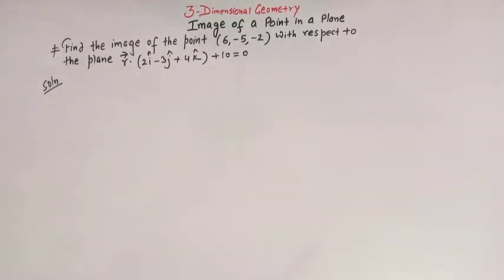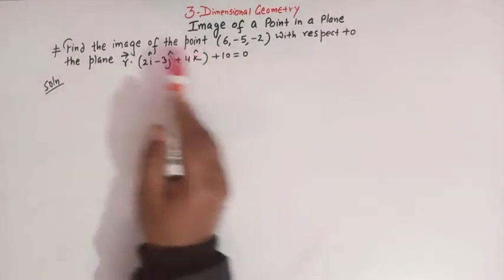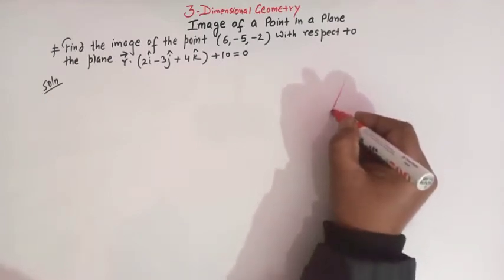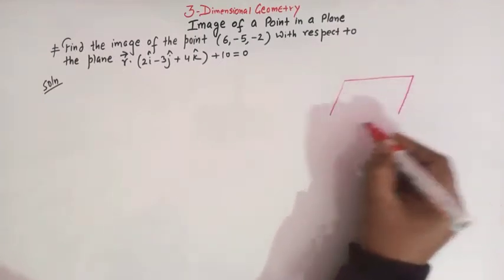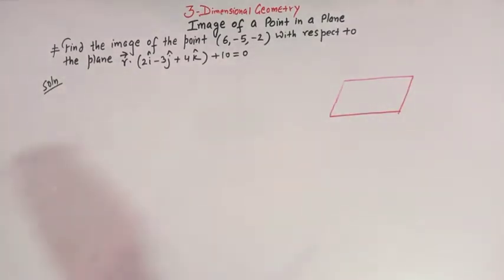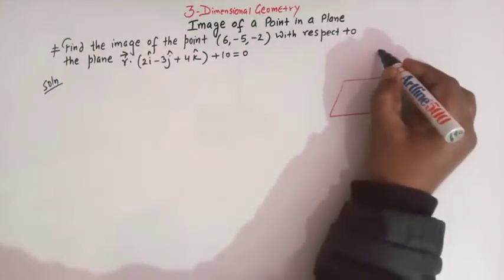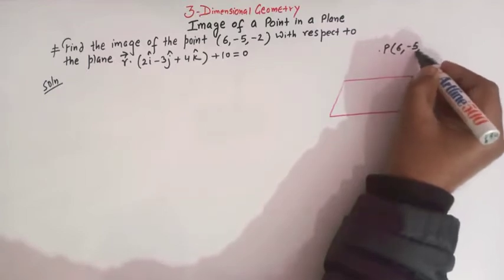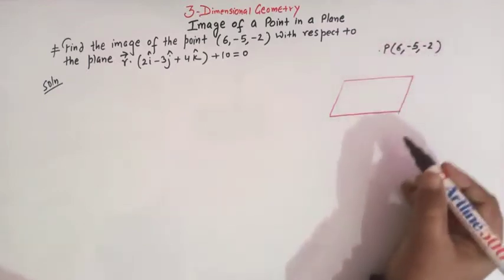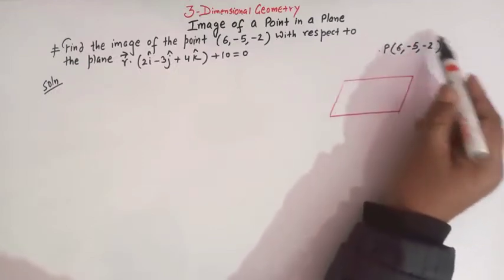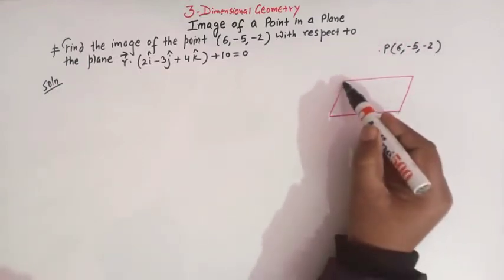So now let us first draw a rough diagram related to this problem. Let us take a plane, and this is the plane, and we have a point, say this point is P, and the coordinates are (6, -5, -2). We have to find the image of this point with respect to this plane.